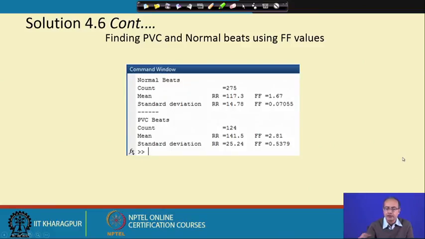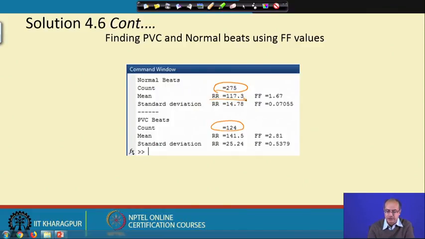Here we get the result printed on the screen. The number of normal beats is 275 compared to the number of PVC beats, 124. So, we have almost more than double the normal beats. Then we look at the mean value of the RR.